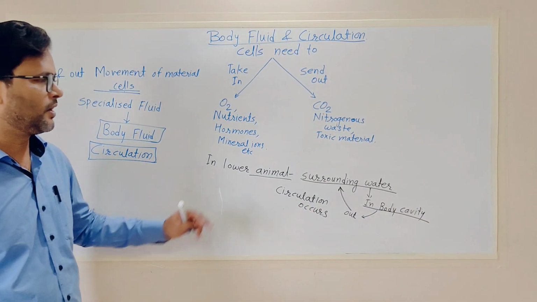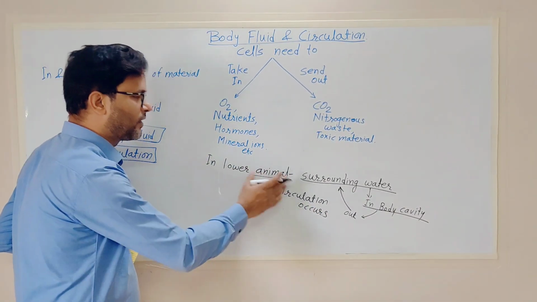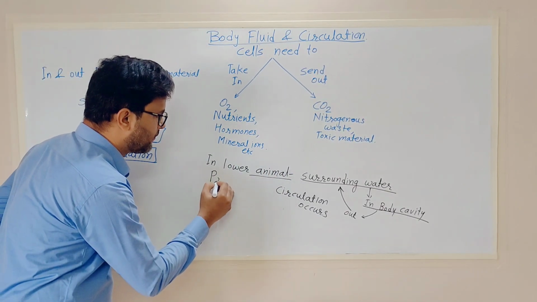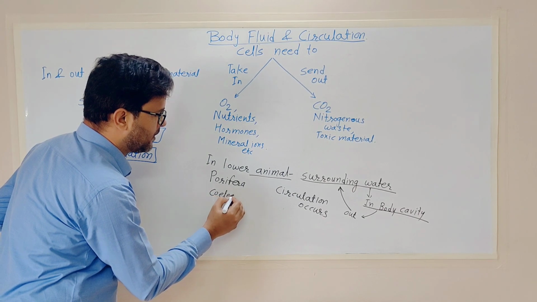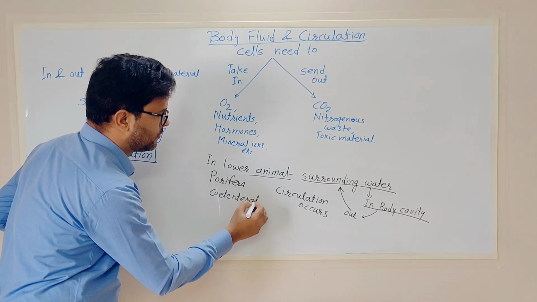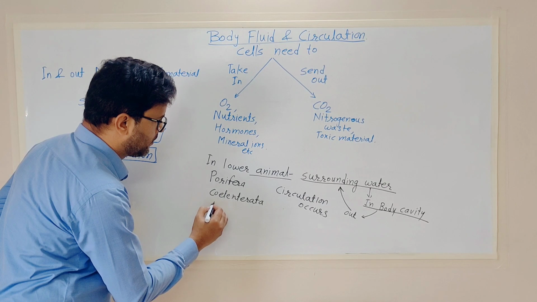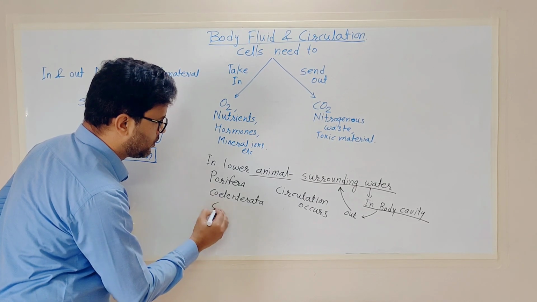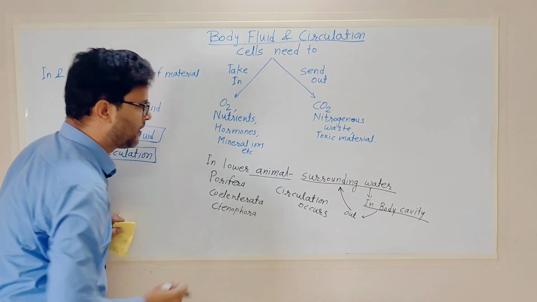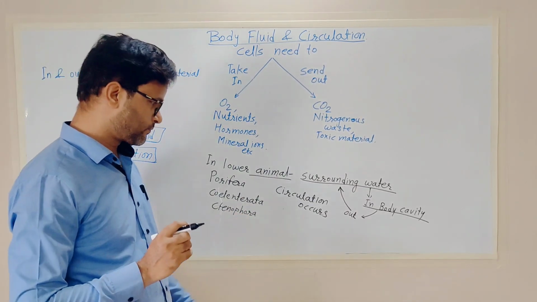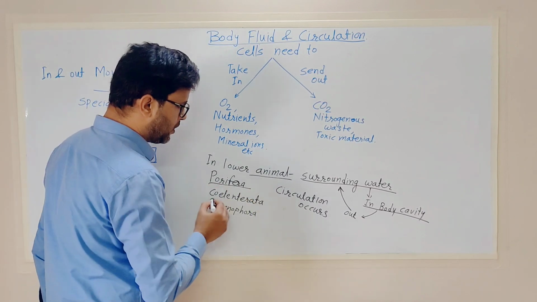So which type of lower animals do we mean? Porifera, Cnidaria, then Ctenophora. These are the lower animals, a group or phylum of lower animals.